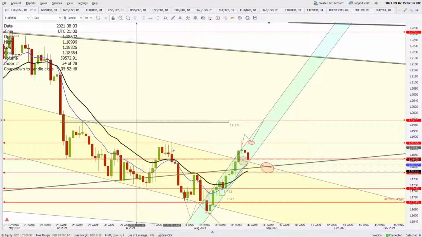Now why am I talking about this price action here? Because it is suggesting that this is a level of supply, a resistance zone.